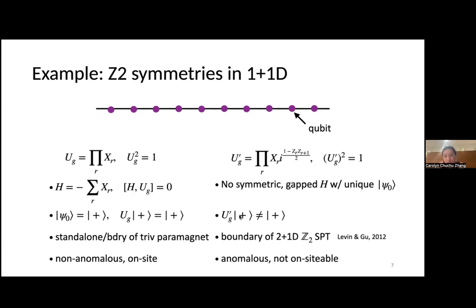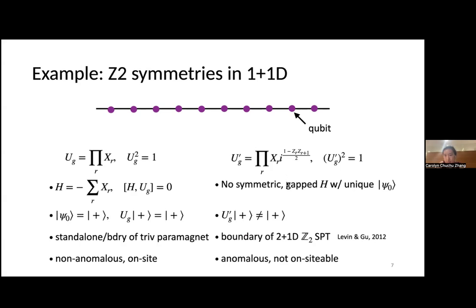There's no short range entangled symmetric gapped ground state. So this plus state, for example, is not an eigenstate of this symmetry operator. And this describes the boundary theory of a 2 plus 1D non-trivial Z2 SPT, which is described in detail in this paper. So you can see on the left side, the symmetry is on-site. On the right side, it's not on-site.